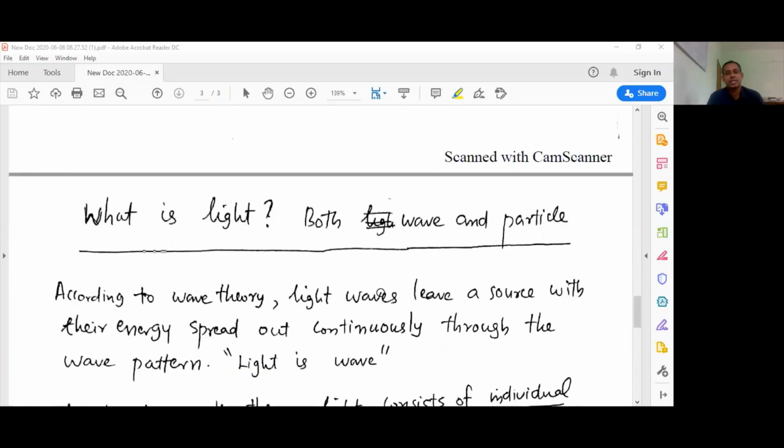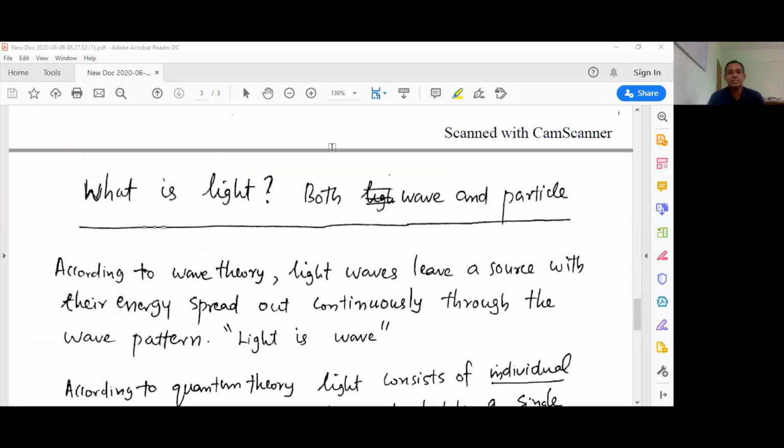Now the question arises: what is light? In our textbook, you can clearly see this question, what is light? The answer is both wave and particle. Why are we saying so?